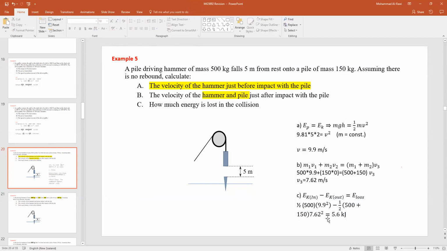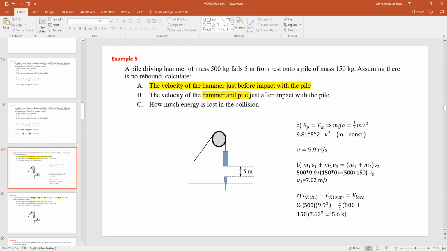And technically, what do you have if we revise? The kinetic energy into the system, which is coming from the hammer. It has 500 kgs. Velocity we found 9.9 meters per second. And then there is energy lost after the collision, which means the total mass of the hammer plus the pile, which is 500 plus 150 kgs, times the velocity we found, which is velocity 3, after impact, 7.62 squared.